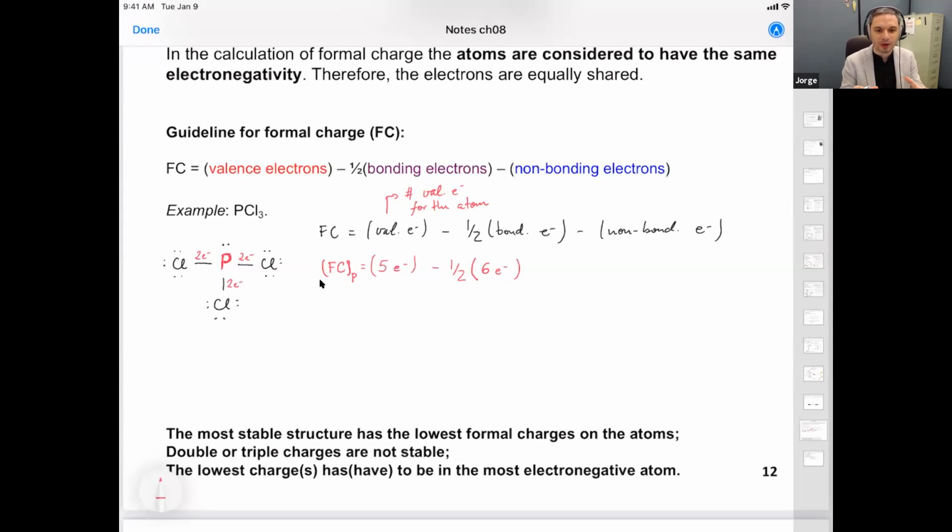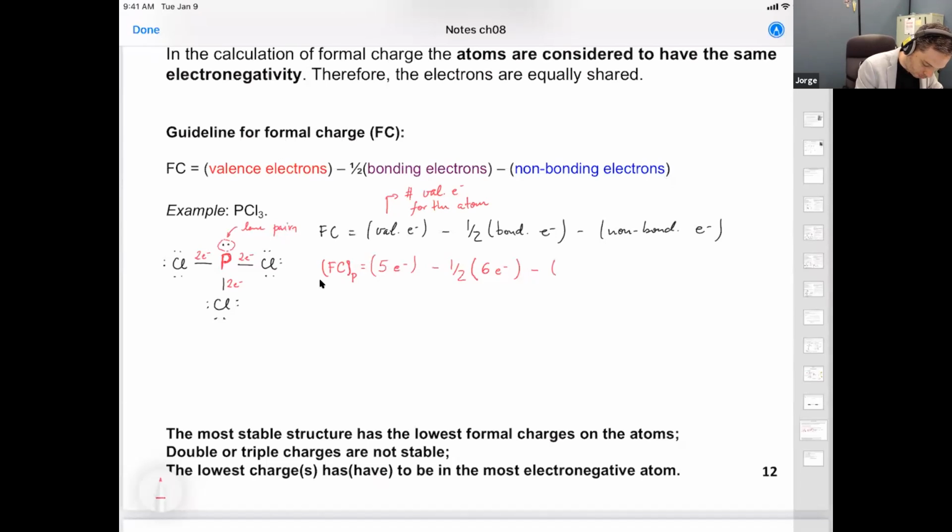After the phosphorus bonded to all the chlorines, are there leftover electrons for this atom? In other words, are there any lone pairs or non-bonding electrons on the phosphorus? The answer is yes. Those are the lone pairs or non-bonding electrons, and for phosphorus, we have just 2.